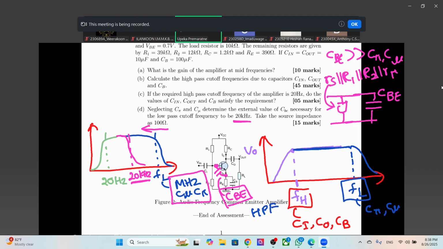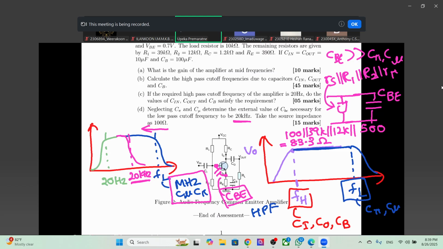Value wise, we have 100 ohms parallel to 39 kilo ohms parallel to 12 kilo ohms parallel to R pi, which is approximately 500 ohms. This will give an equivalent resistance of approximately 83.3 ohms.